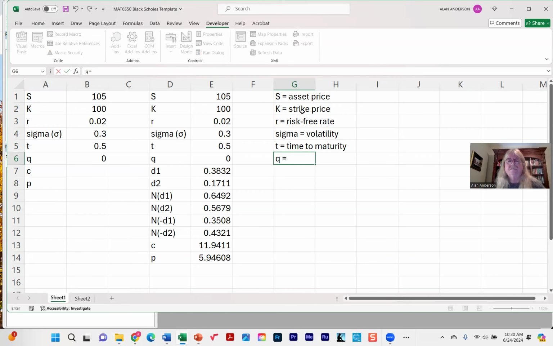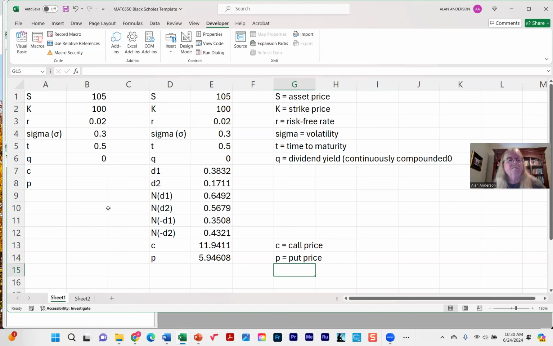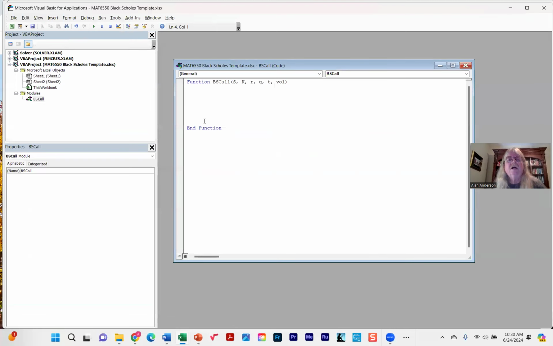Q is the dividend yield. All right, just so there's no doubt in your mind what you're doing here. This is the call price, and P is the put price. Okay, now we're good. So this is your job right here. But I'm helping you start it.